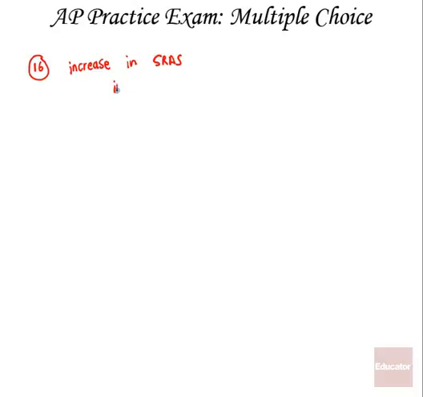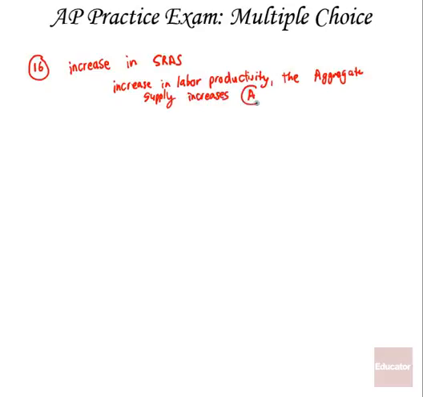If there's an increase in labor productivity, then aggregate supply increases. So you don't really have to even go past A. Aggregate supply increases. So the answer is going to be A.